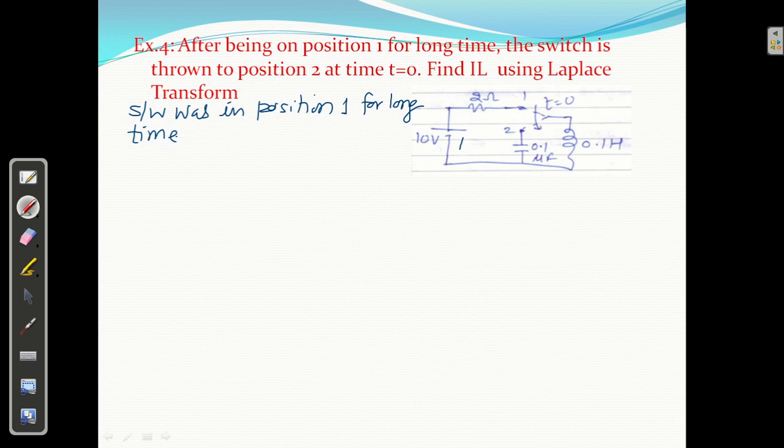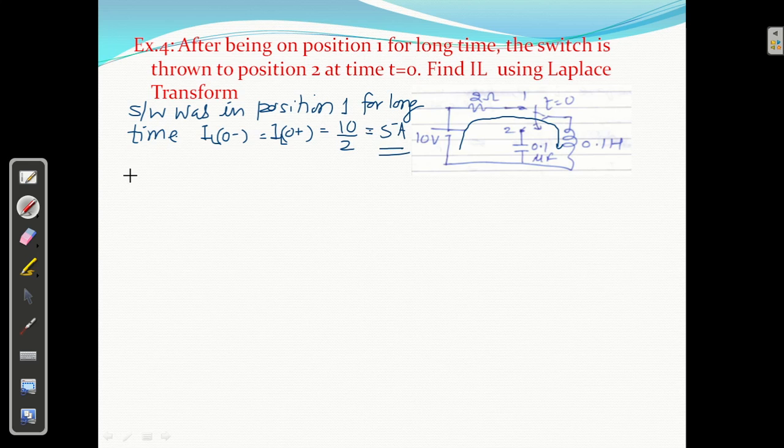So the current flowing through the inductor, IL(0-) equal to IL(0+), just before and just after the current would be the same. How much will it be? V by R. V by R means 10 by R, how much is it? 2. Okay, so it is 5 ampere.